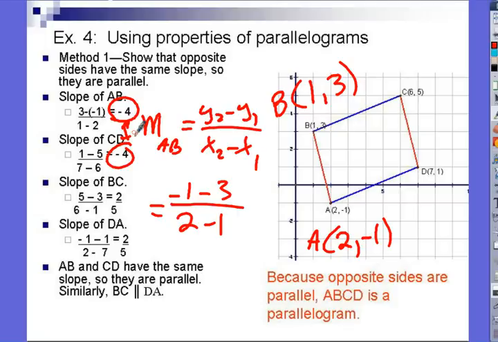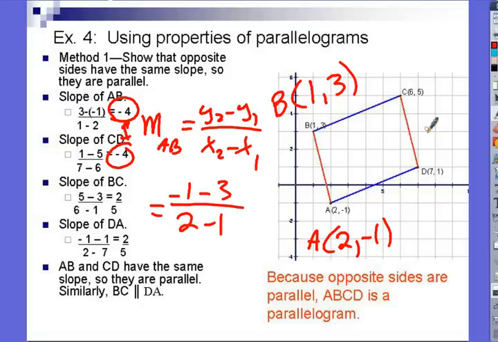If I calculate the slope of BC, 5 minus 3 over 6 minus 1 is 2/5. If I calculate the slope of AD, 1 minus -1 is 2 over 7 minus 2, or they did it the other way, which is fine.